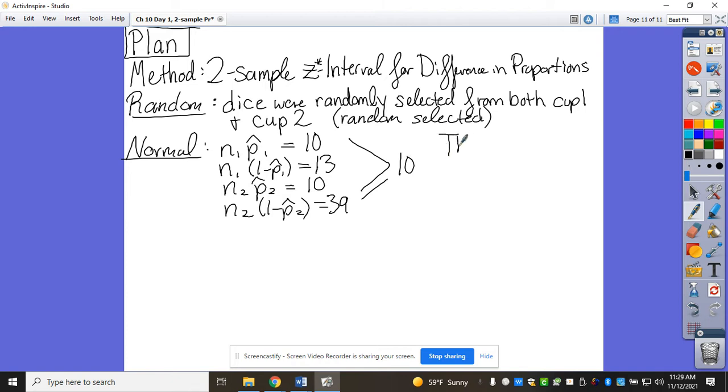Alright, so there are at least 10 I have to be a little bit specific about individuals. What is the individuals here? Dice. Dice, I might even say dice selected.